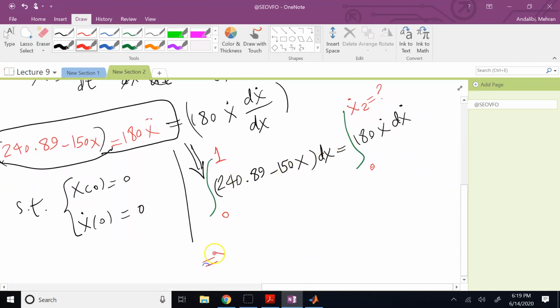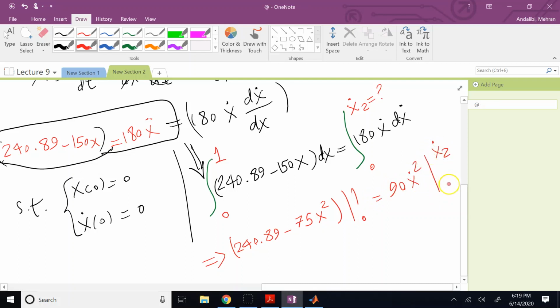Integral of 240.89 minus 150x is going to be 240.89x minus 75x squared, calculated at 1 and 0. And this is going to be 90 x dot squared, calculated at x dot and 0. And if you do that, the only unknown here is x dot or v, which you end up with something like 1.36.